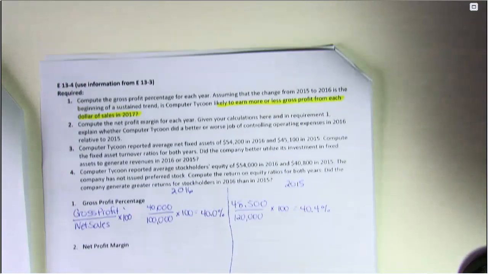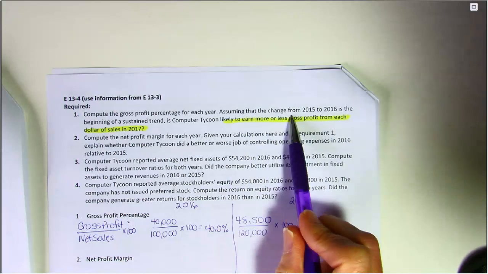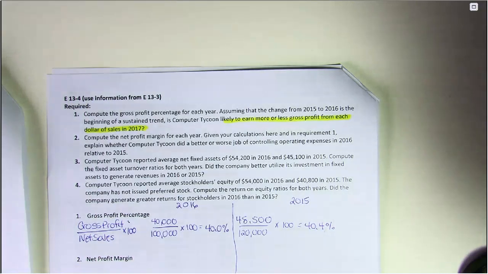To answer our question, assuming that the change from 15 to 16 is the beginning of a sustained trend, is Computer Tycoon likely to earn more or less gross profit from each dollar of sales next year in 2017?